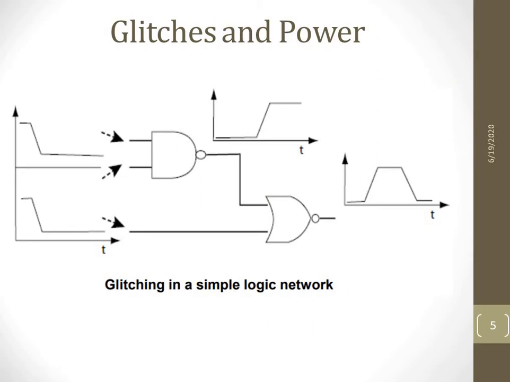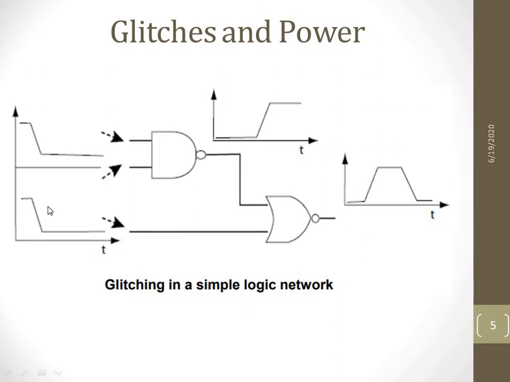When we route, glitches in the power can happen. Like if I pass a signal of this fashion to this NAND gate and one more signal of this fashion to this NAND gate, and directly this form of signal to this NOR gate, then the output of this NAND gate, you can see, is constant and rising and constant.